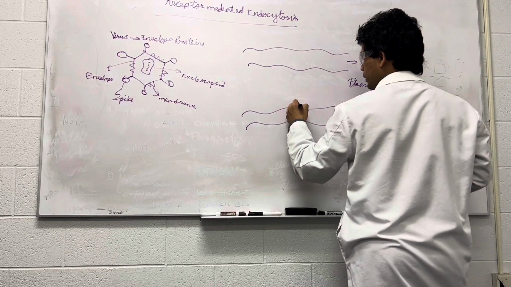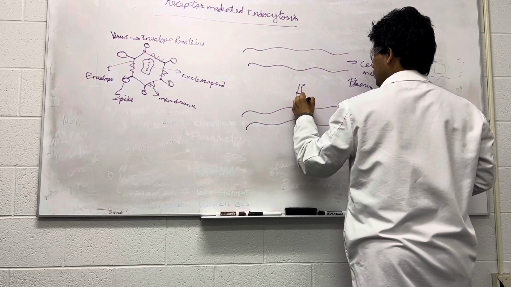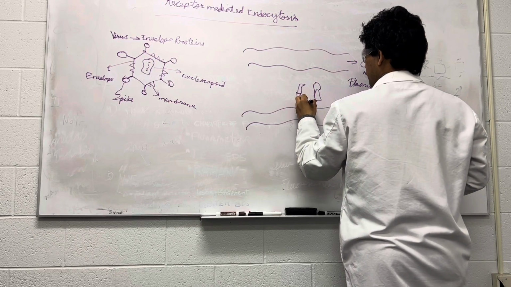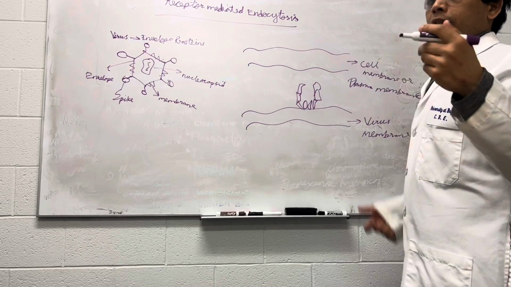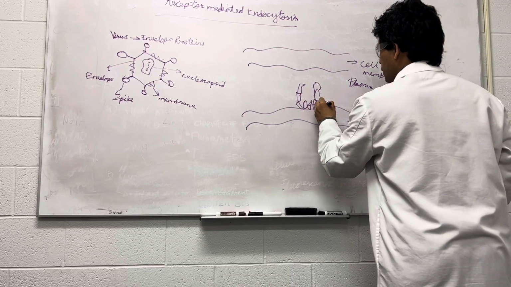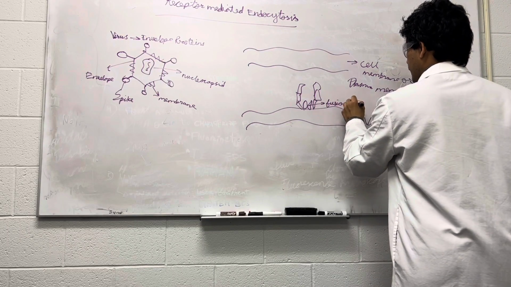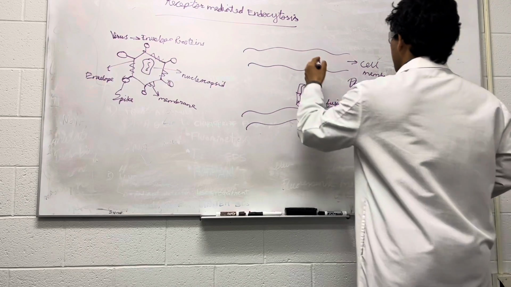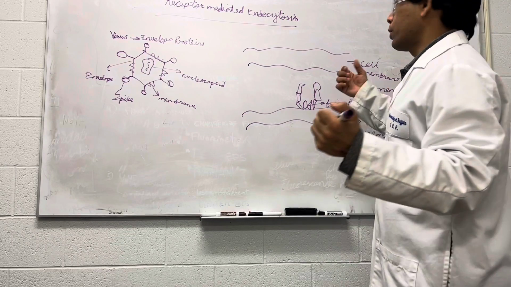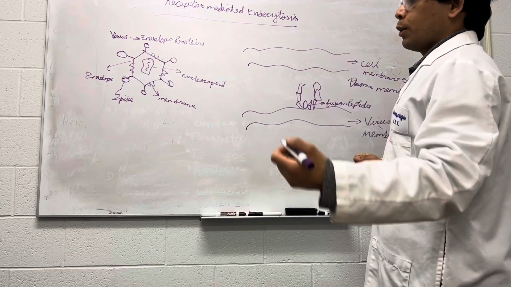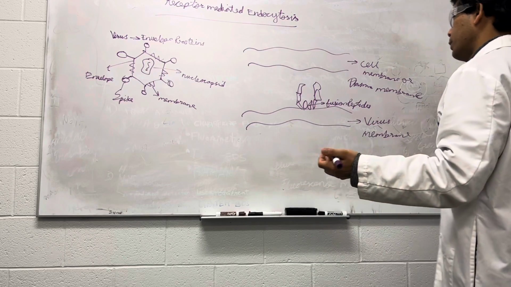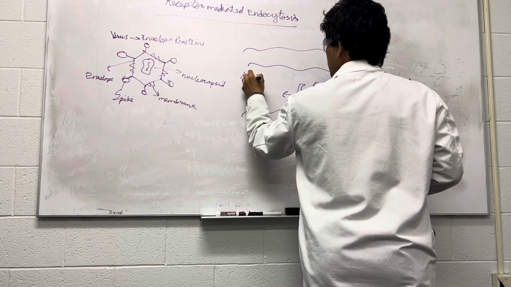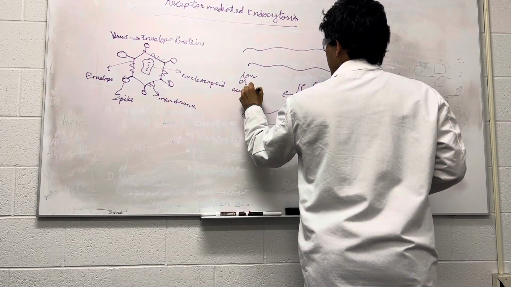It has some fusion proteins, or more precisely fusion peptides, that are highly unstable, and when they come close to the cell membrane, and also when the pH is acidic or very low, a conformation change occurs in low or acidic pH.